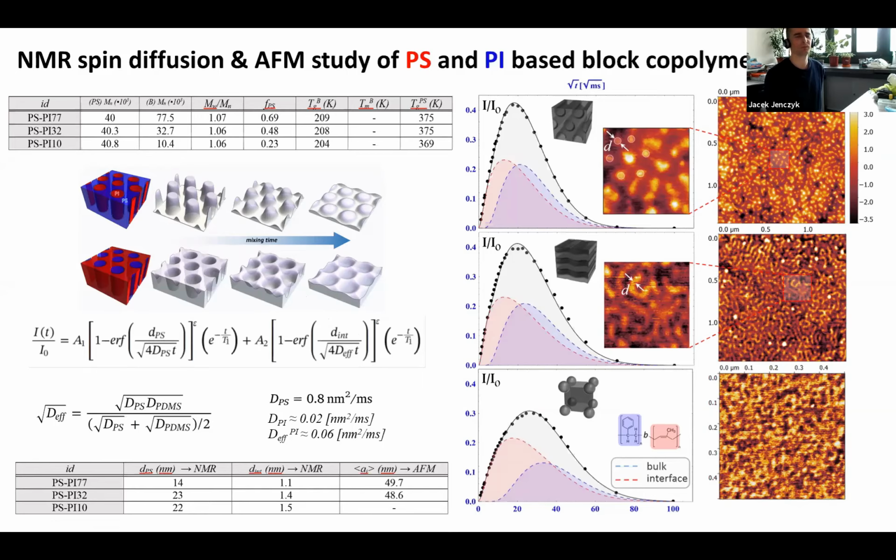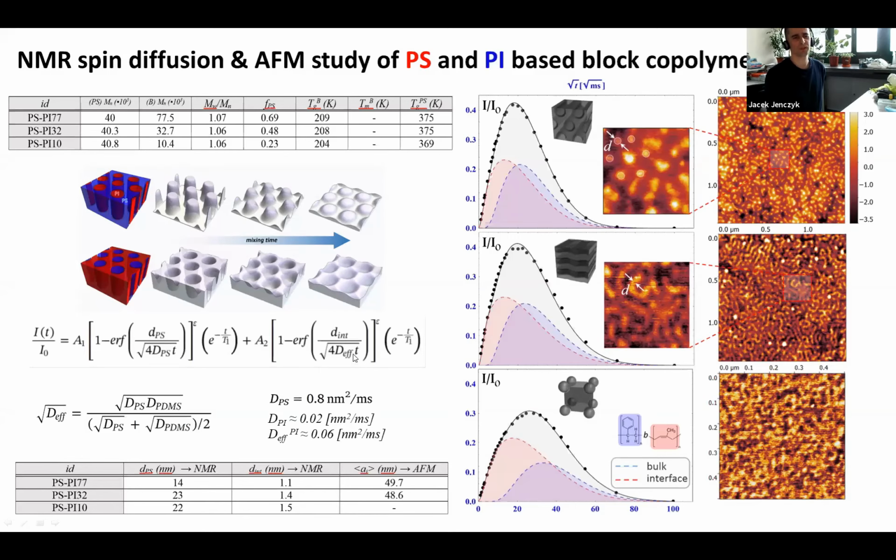This is the region where both types of polymer species coexist at the interface, and they interact, and they modify the effective spin diffusion coefficient at this place.